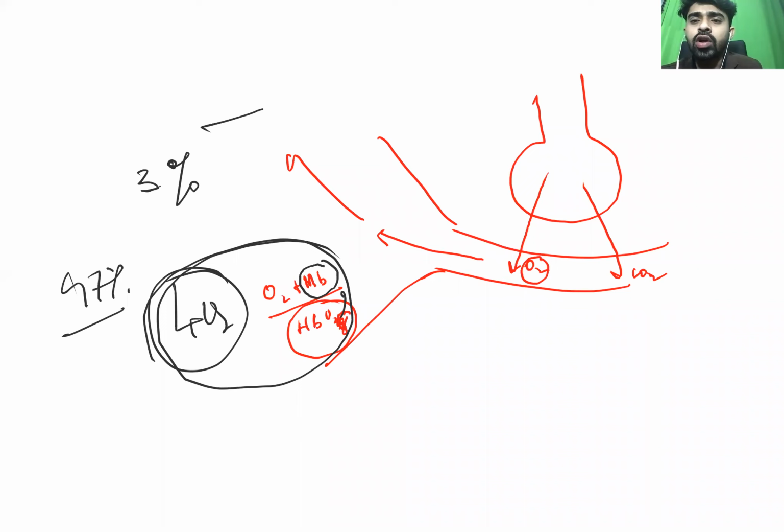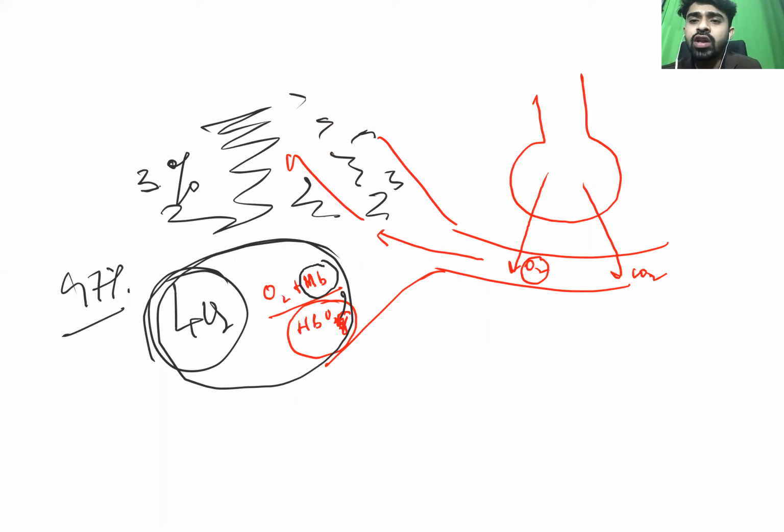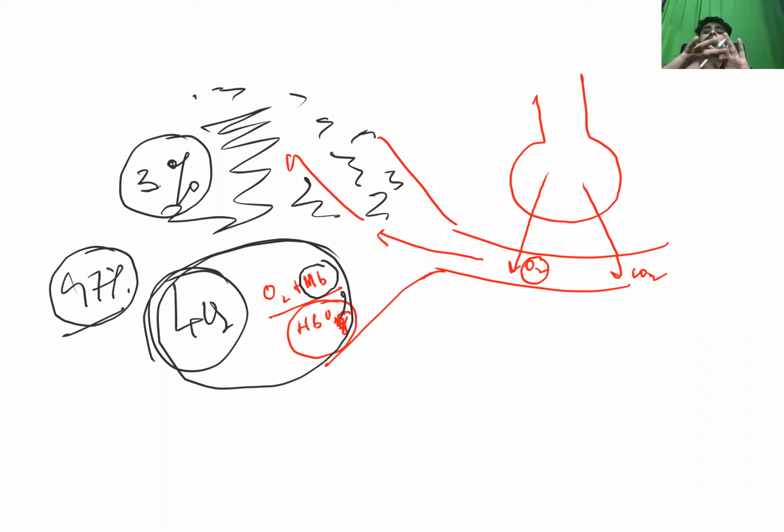That remains dissolved. So oxygen will be transported in dissolved form in 3% volume of the total oxygen, and 97% volume of the total oxygen will be transported as what? Tell me. Oxyhemoglobin.